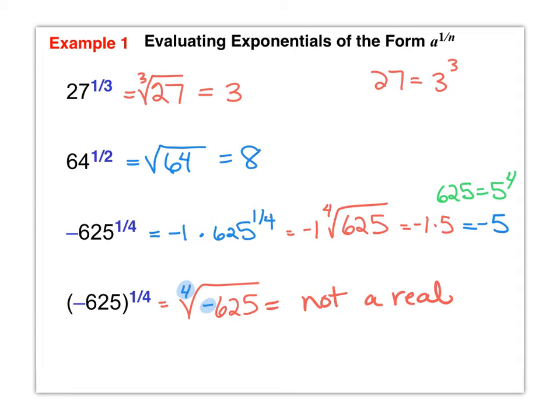Remember that for even indexes, for radicals, the radicand must be positive. So for this one, we could say that the 4th root of negative 625 is not a real number.